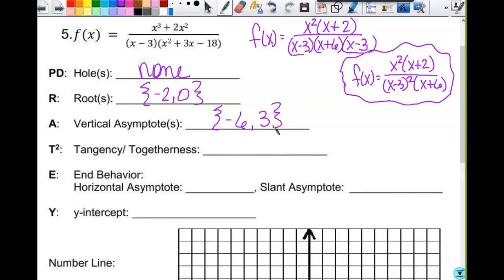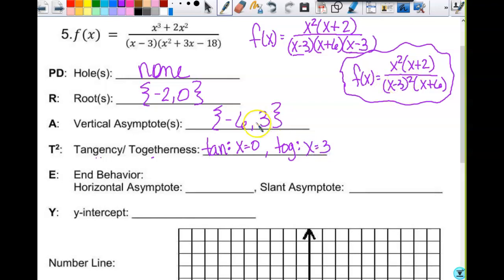So does the numerator give me tangency or togetherness? Tangency. Always say them together and you won't mess up tangency and togetherness: numerator, denominator. So I have tangency in the numerator, and that happens at x equals 0. And then I have togetherness from the denominator. That happens at x equals 3.